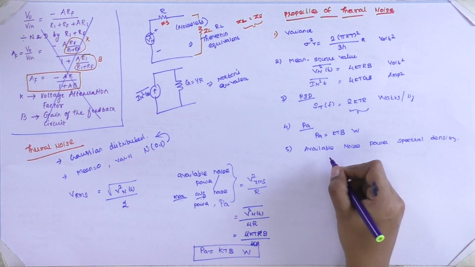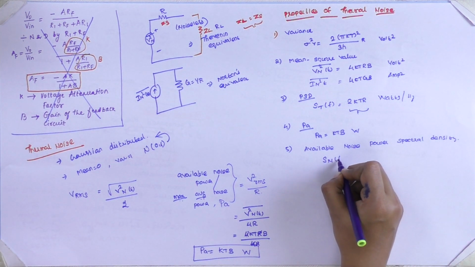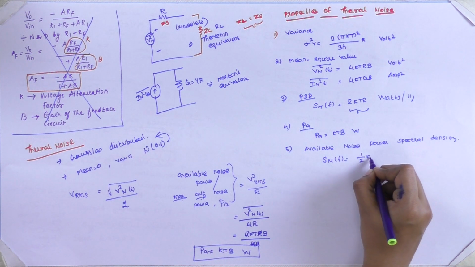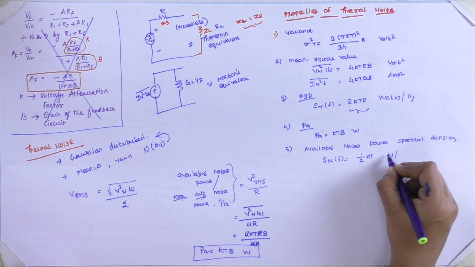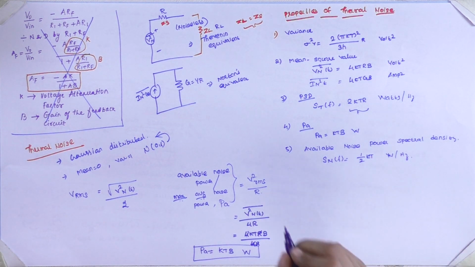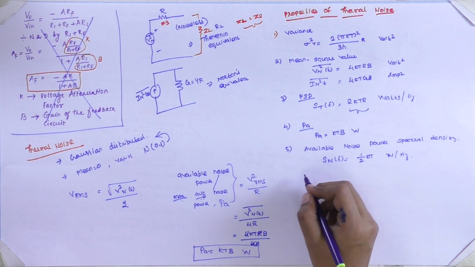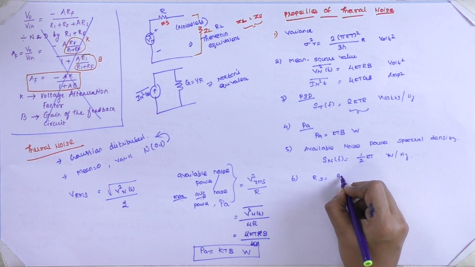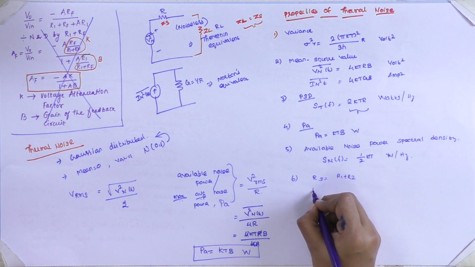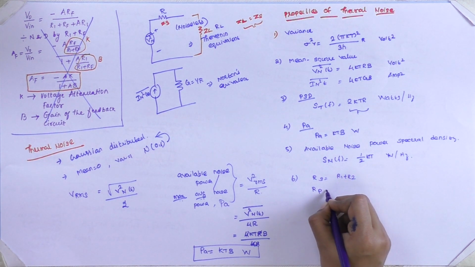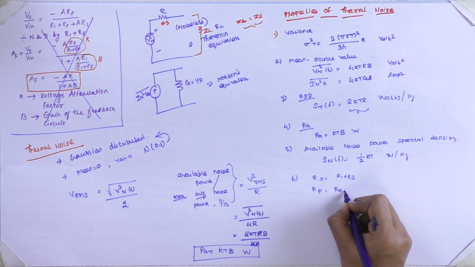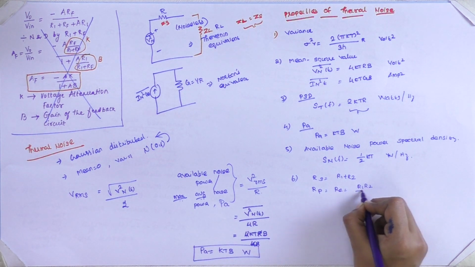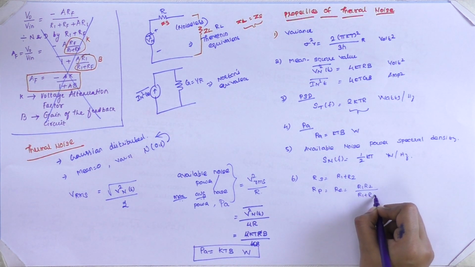Available noise power spectral density is N of F is equal to 1 by 2 into KT hertz. If all the resistors connected are in series, then we can add them, R1 plus R2. If connected in parallel, then the equivalent resistance RE will be equal to R1 R2 divided by R1 plus R2.